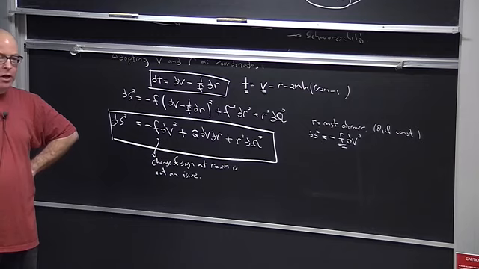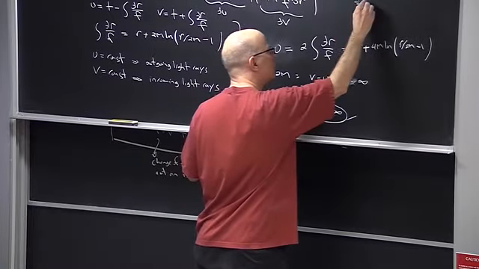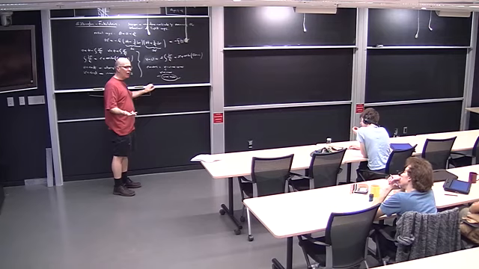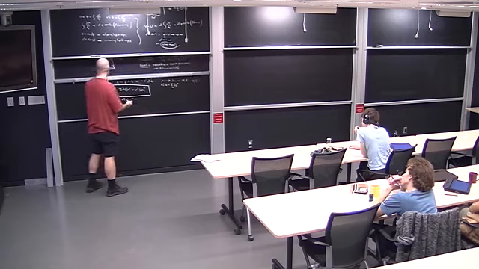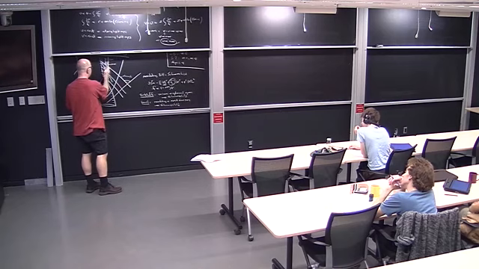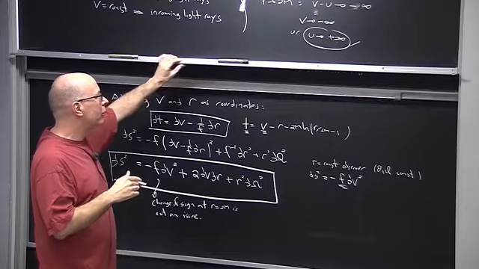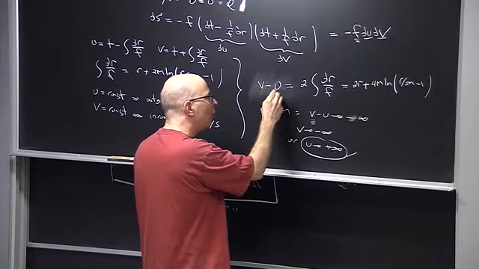When we do Kruskal coordinates in just a few minutes, things get more complicated because, and this we see right away, if we were to work in terms of u and v as coordinates, first of all, we wouldn't be getting rid of the coordinate singularity as we saw, because we're still dealing with this accumulation that we see happening at the event horizon, so we don't cure the problem to begin with.